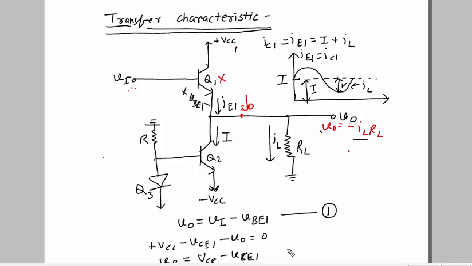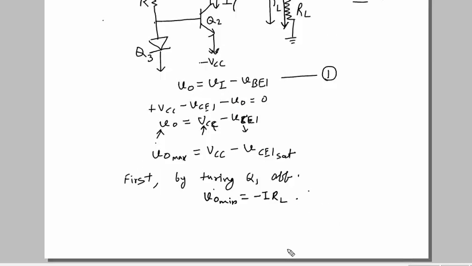So V0 equals minus I into RL, this equation. Let us call this equation number 3, and this is equation number 2 here. Now this was the first condition. Now what is the second condition?